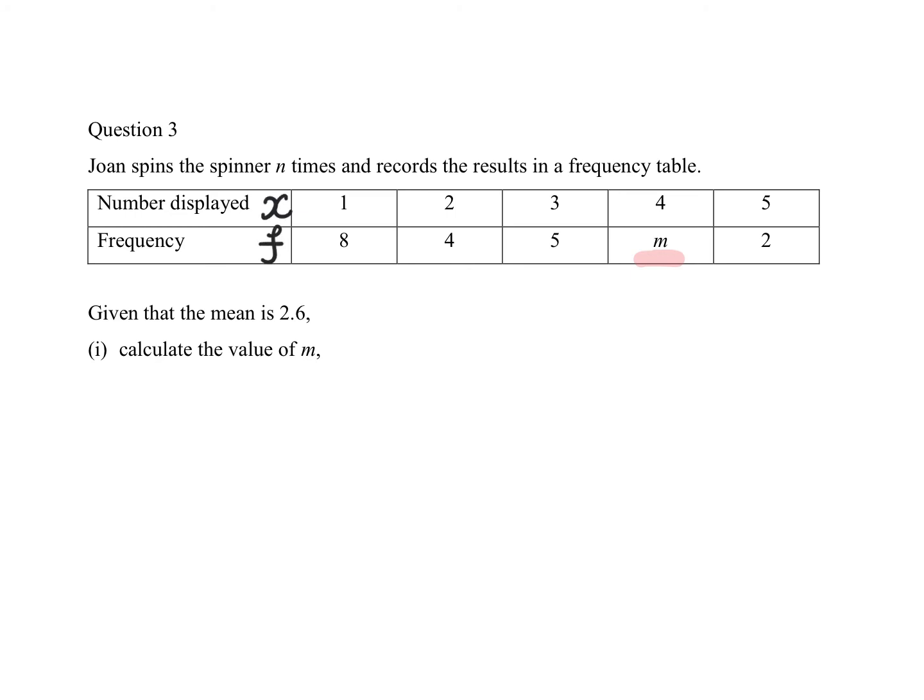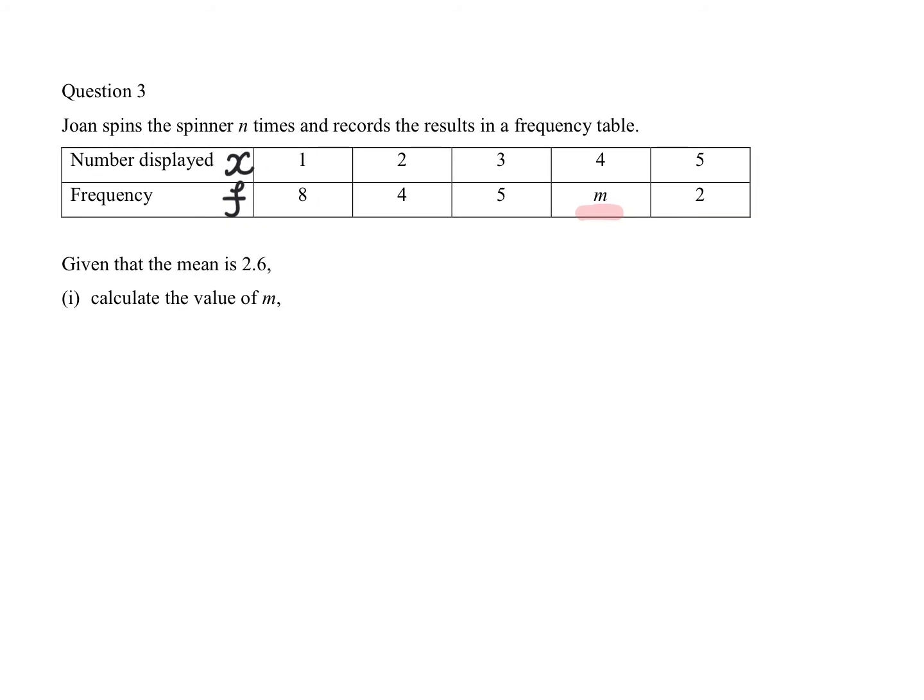Now when we want to do such calculations involving this type of question, the first thing we need to do is express whatever we need to know in terms of algebra. Usually they will need to know the total frequency, that is your summation f. Total frequency means I need to add up all the data values over here.